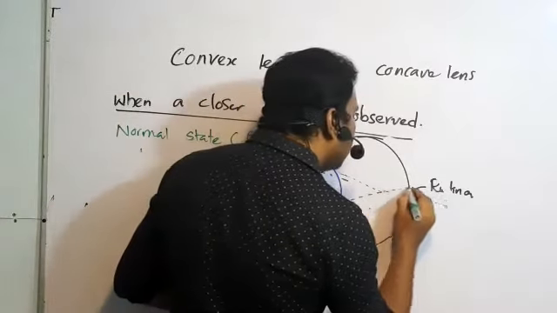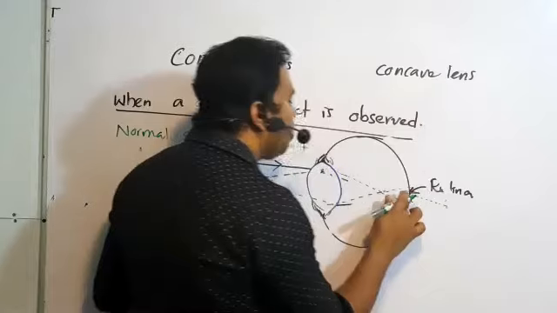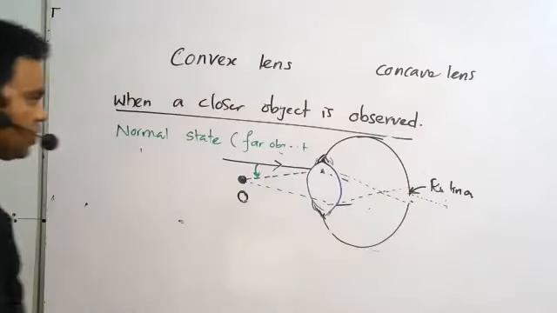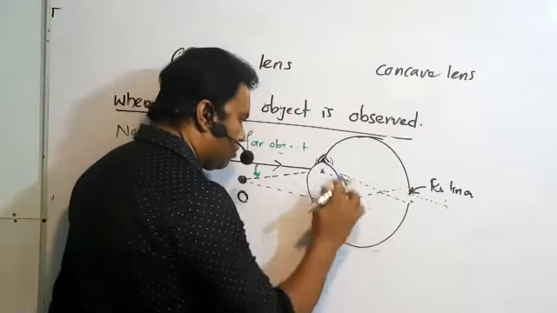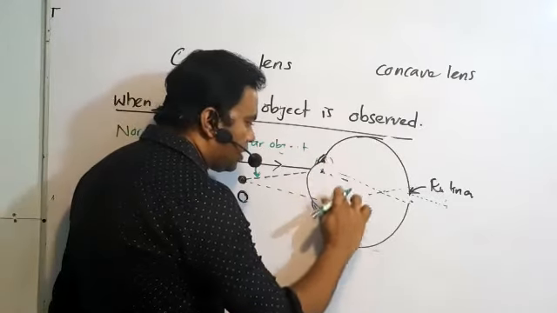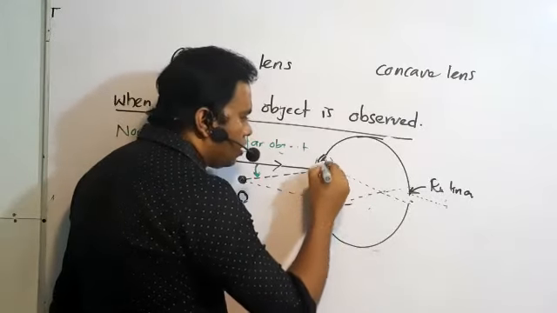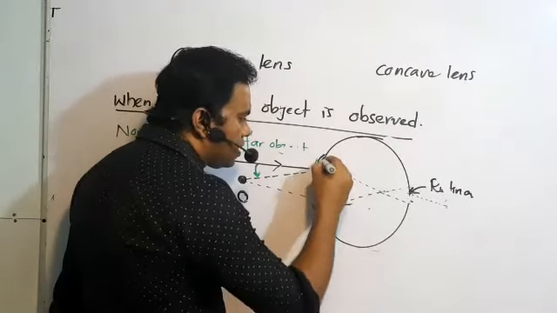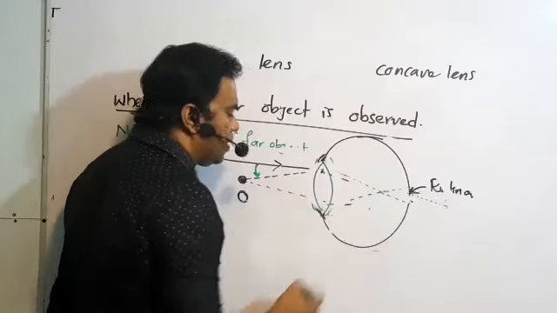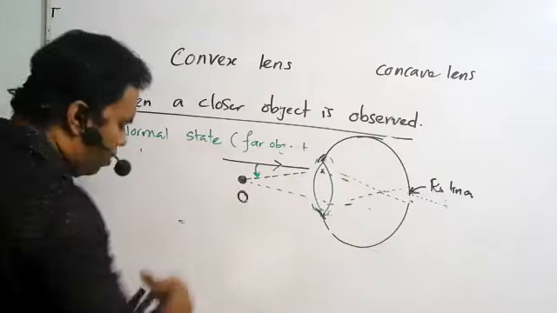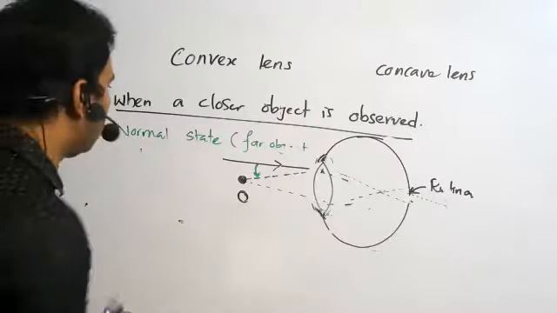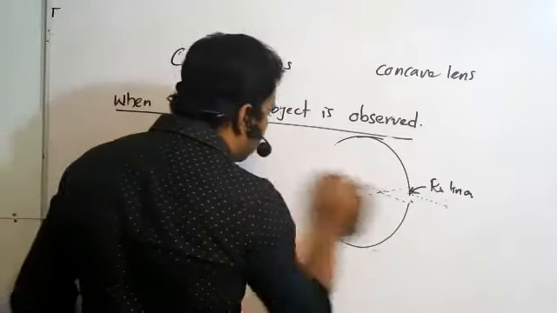Now also the image is not clear. In that case, the ciliary muscles start to relax until the lens's normal curvature is made. Okay, so the normal state we already learnt. Now the real diagram when the object is closer.